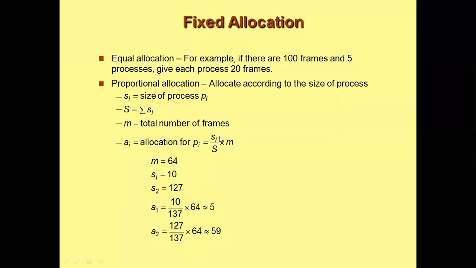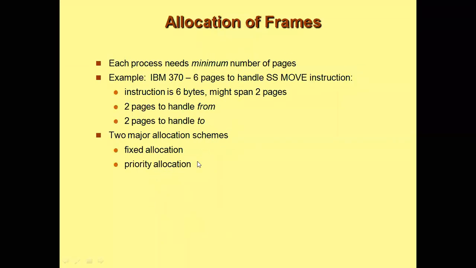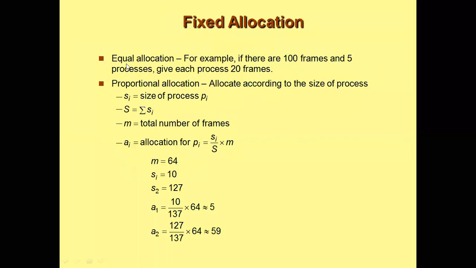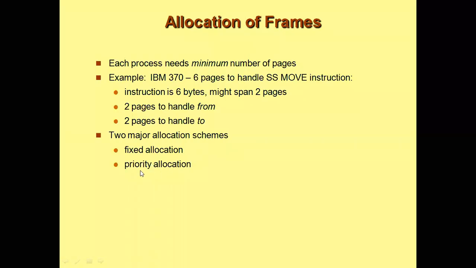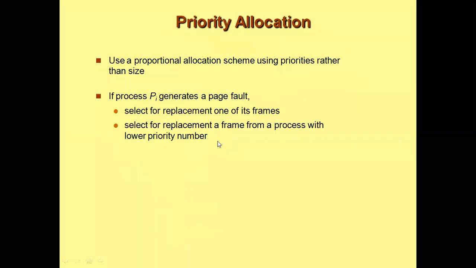So this is one kind of allocation. Under fixed allocation, you have two types, equal allocation and proportional allocation, and in both types, priority of processes is not considered. To overcome that, there is another scheme called priority allocation. In priority allocation, we will consider the priorities of the processes rather than their size.